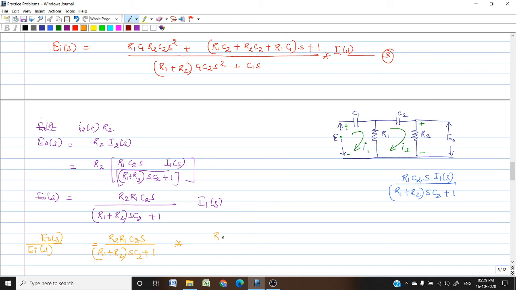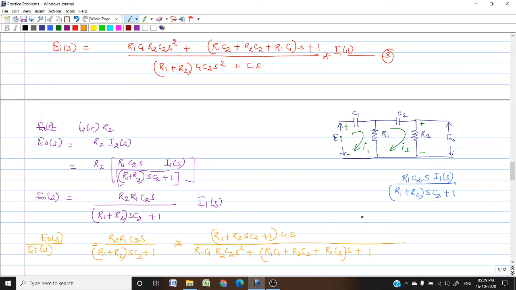So R1 plus R2 SC2 plus 1 into C1 S whole divided by R1 C1 R2 C2 S square plus (R1 C1 plus R2 C2 plus R1 C2) into S plus 1.